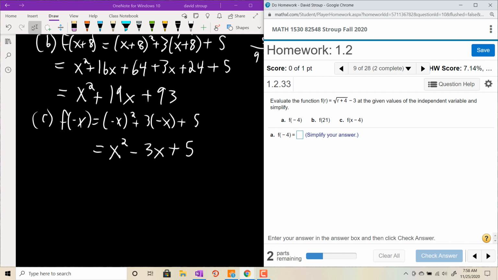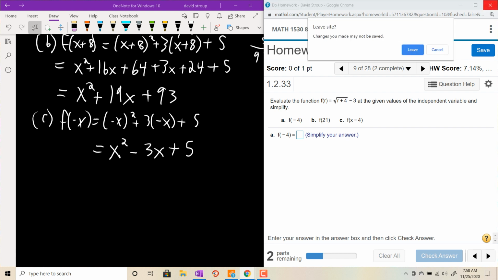Into 1.3. 1.3 had a lot of stuff on domain and range. It had piecewise functions, but it also had this thing called the difference quotient. The difference quotient is important later on in math.